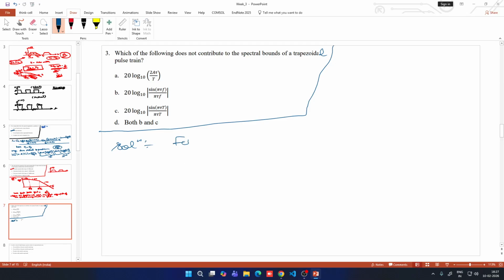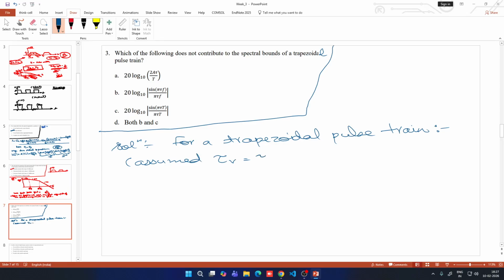Now for a trapezoidal pulse train, and here one assumption is there, we have assumed that the rise time is equal to the fall time.